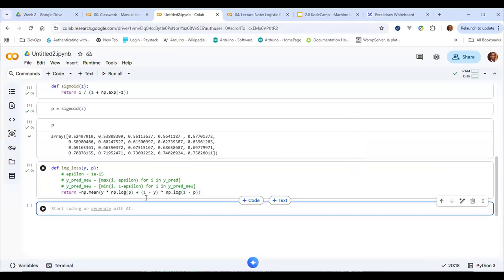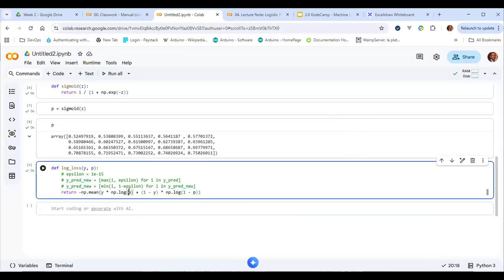The reason why we need epsilon is because if you take the log of 0, it is infinite negative, it's very large, and it will cause problems. So that's why we need a small number added to it so that it will never get to 0. Also, if P is 1, then 1 minus 1 will also be 0. So you also have a log of 0 here, which is a very high infinite negative number, right?